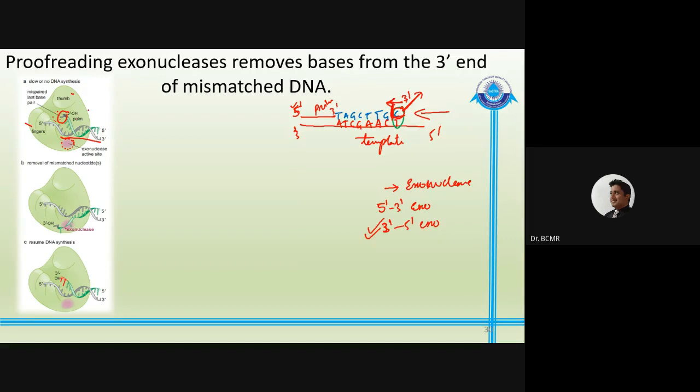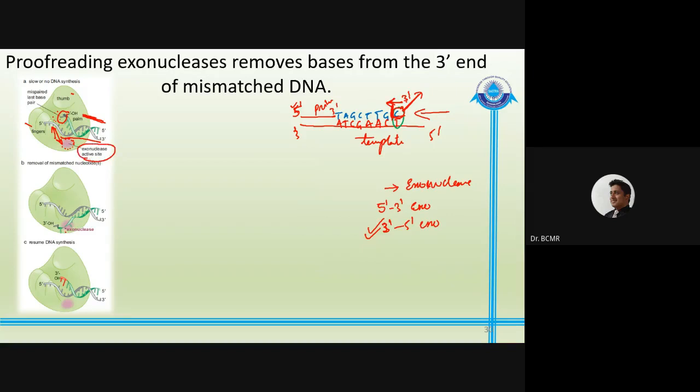So what is happening? The DNA can move forward and backwards, or it's not so tightly bound to the palm region. If mismatches are there, that is what happens. Then the DNA molecule can move into this position or back. And this is where the nuclease active site is, right?